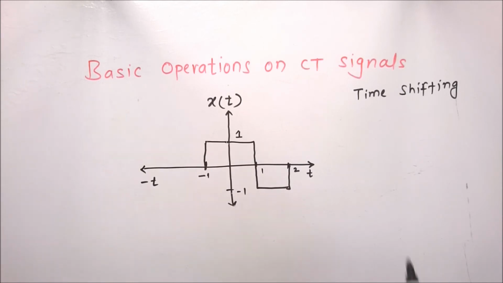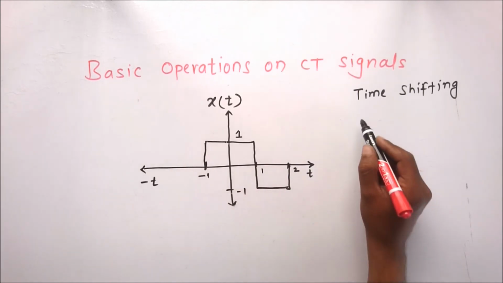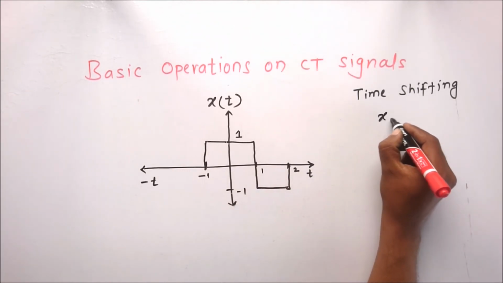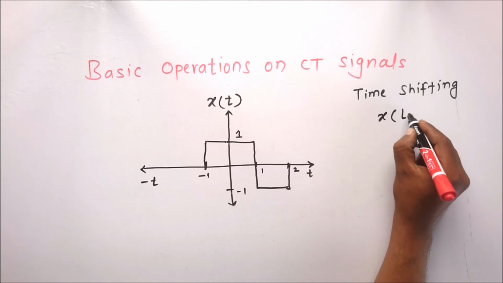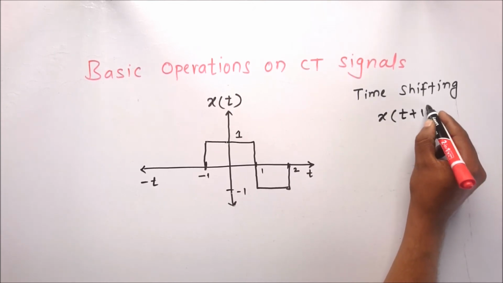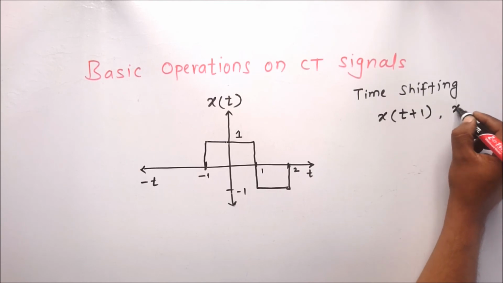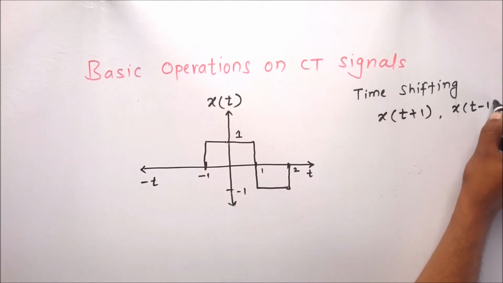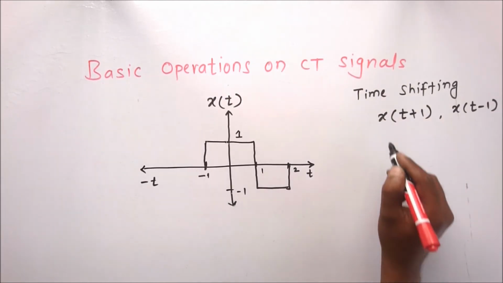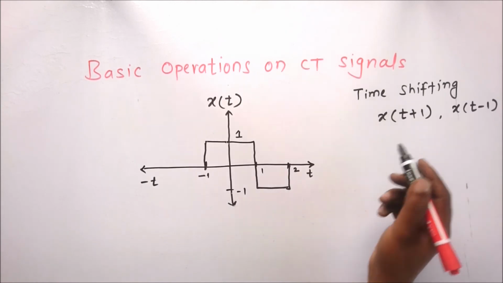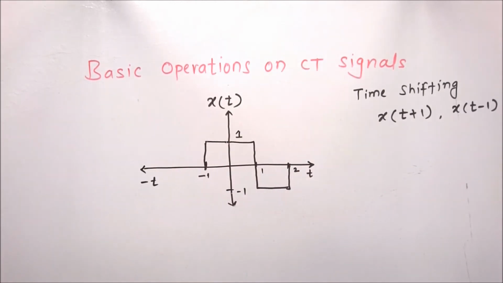The next operation is time shifting. Time shifting is nothing but the question comes in the form of x of t plus 1, and for example x of t minus 1. For x of t plus 1, for example, this is x of t.